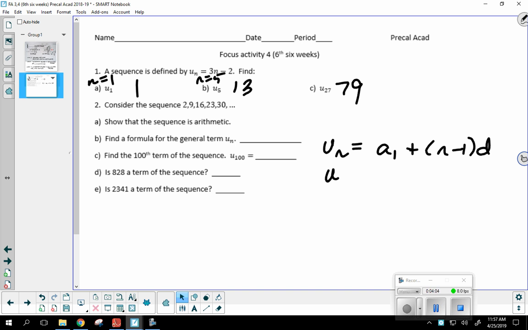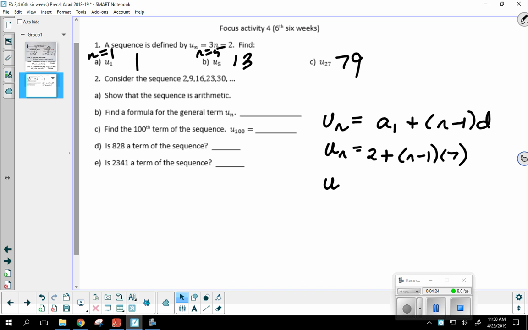So u sub n equals, well, the first term is 2 plus n minus 1, and we found the common difference, d, to be 7. Okay. Now what do I do? Yeah, we distribute and combine like terms. So u sub n equals 2 plus 7n minus 7. So it looks like my formula is going to be 7n minus 5. There we go. The 2 minus 7. Okay.